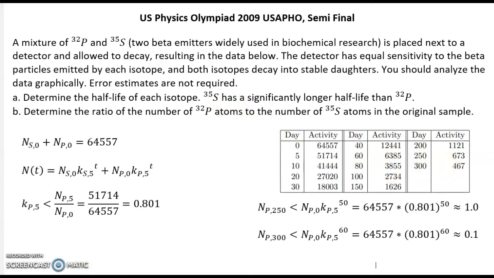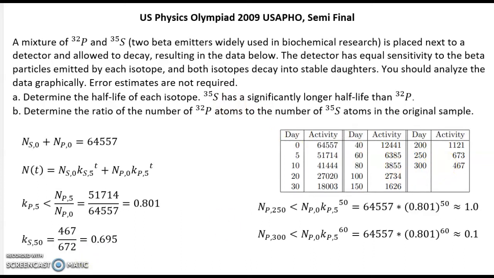That will be this expression: full activity after 300 days divided by full activity after 250 days, which is 0.695. Now we have full information to count the activity for element S on initial day 0.